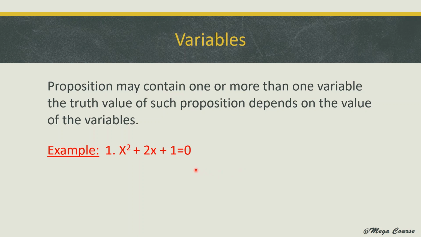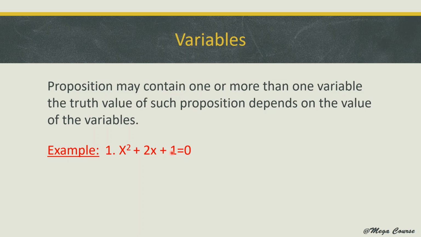x squared plus 2x plus 1 is equal to 0. I have a statement P, for example, that says x squared plus 2x plus 1 equals 0. Is this statement true? I can't know. I need to know the value of x to know if it's true or not.